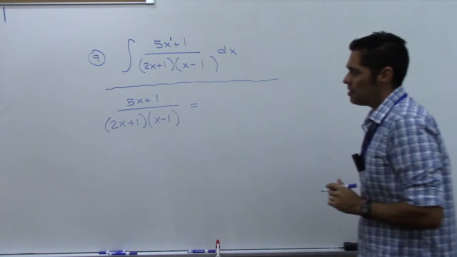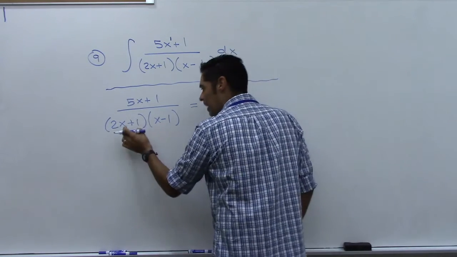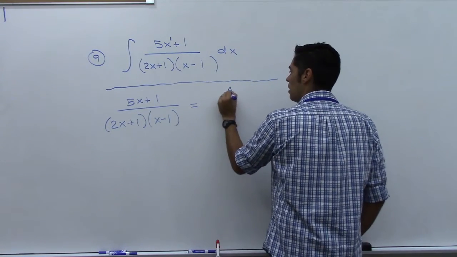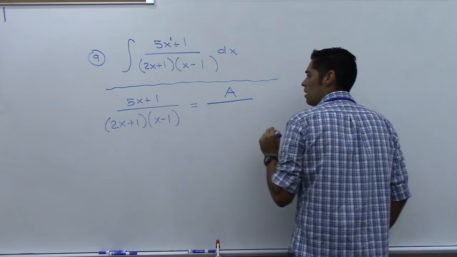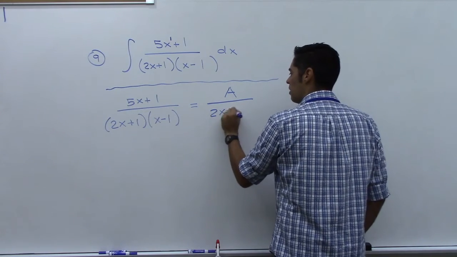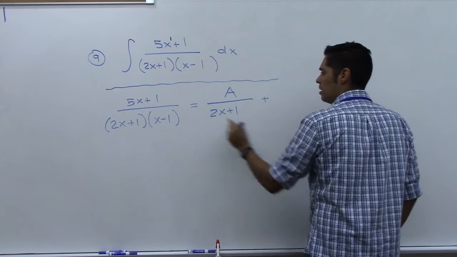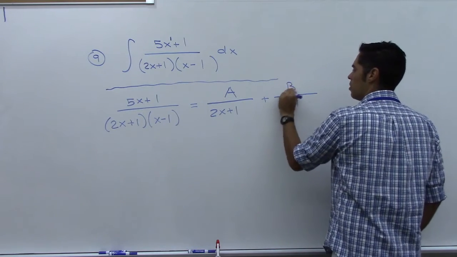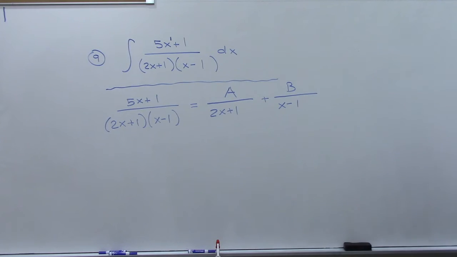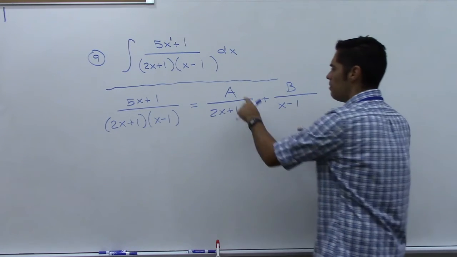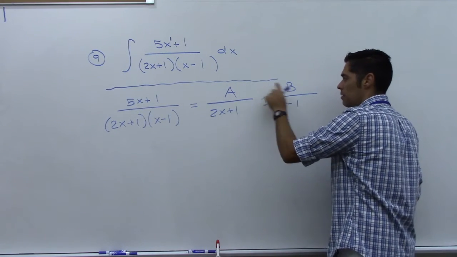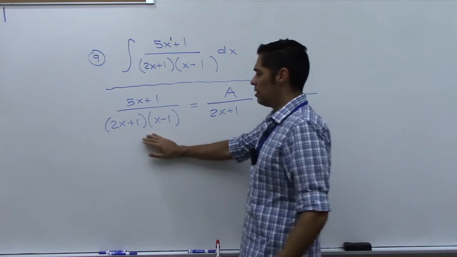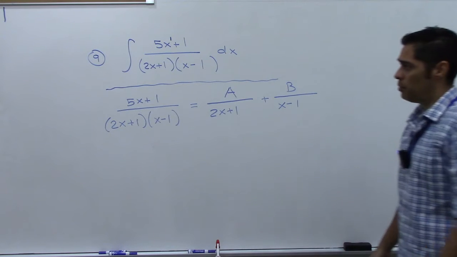And because I have two distinct linear factors, for each linear factor, I put a constant, I'll say a, here over the first distinct linear factor, and then plus the other linear factor under some other constant, which I'll call b. And so somehow there's some number that I can put here and here, that when I put these together, I get back this. And now we need to go try and figure out what that number is.